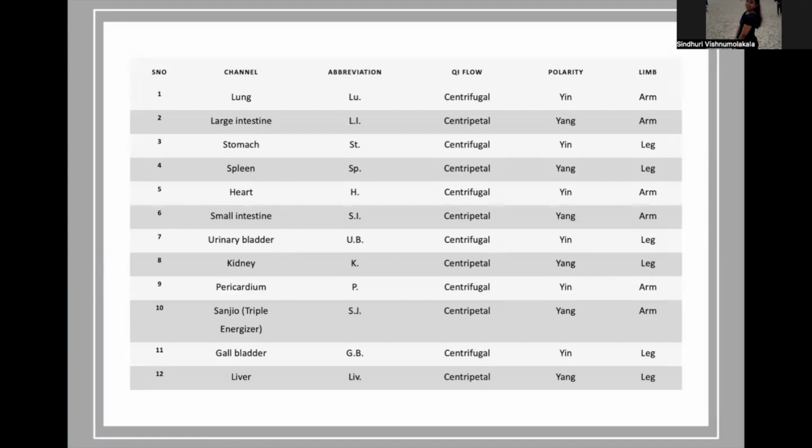Now let's understand the meridians in the body. As we mentioned, we have 12 paired channels. As you can see here, the first is the lung channel, and the energy flow is centrifugal.